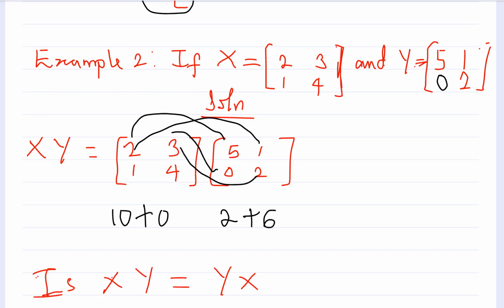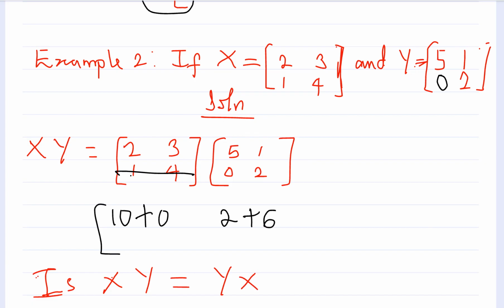Do you understand that now? So that is the first thing to do. So I'm done with the first part now. Then I'm gonna go using the second row now to multiply them again. So 1 times 5 is 5, plus 4 times 0 is 0.